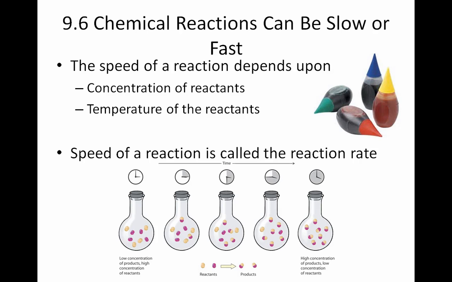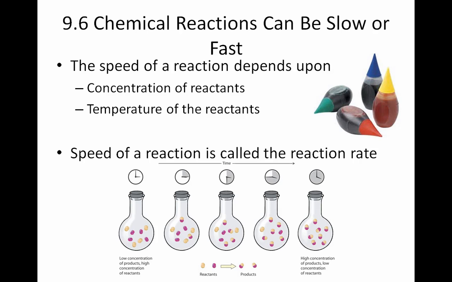And so that speed of a reaction is called the reaction rate. Because with our example, we just simply have one product that's dispersing. But let's say that food dye needed to react with something in the mixture. Then you'd have to deal with, okay, how much of reactant A, which might be your food dye, do you have? How much of reactant B do you have?